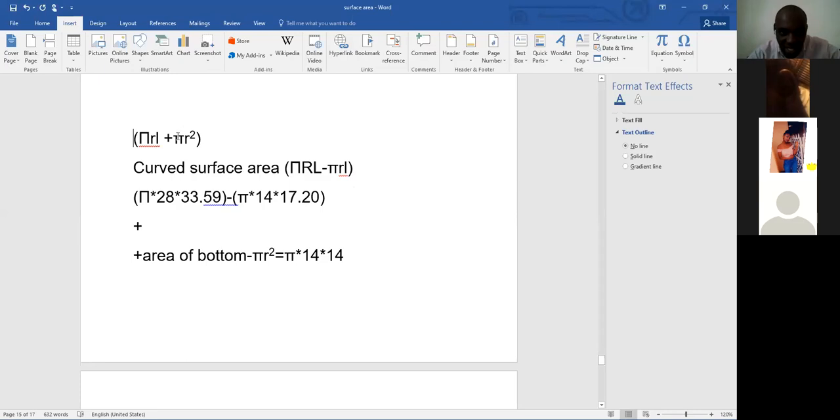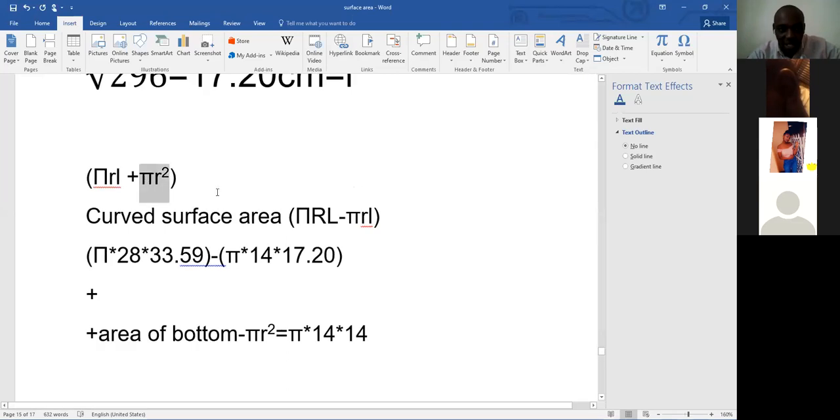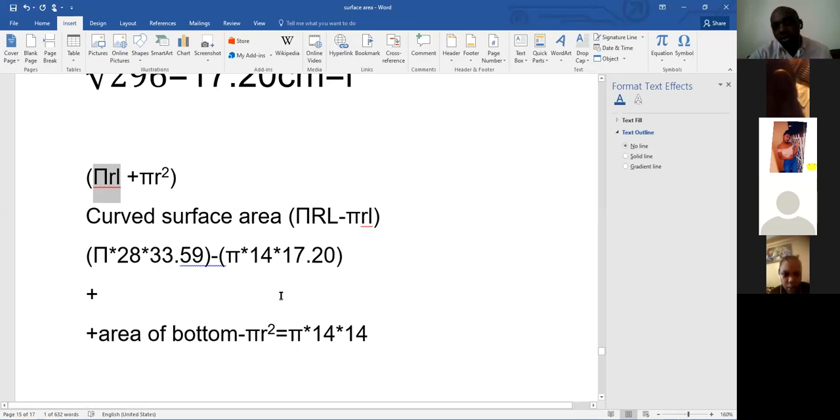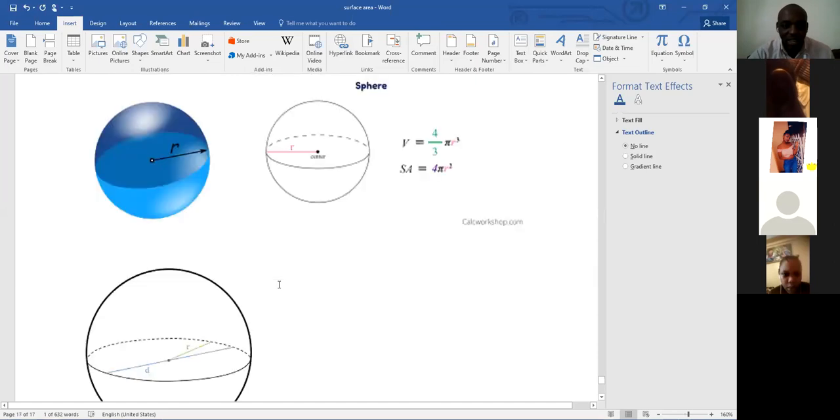Pi r squared finds the area of the circle because the base is circular, and pi RL finds the curved surface area. So that is all you need to do. I have shown you the pictures and explained everything, so I don't think we are going to have any problem there.